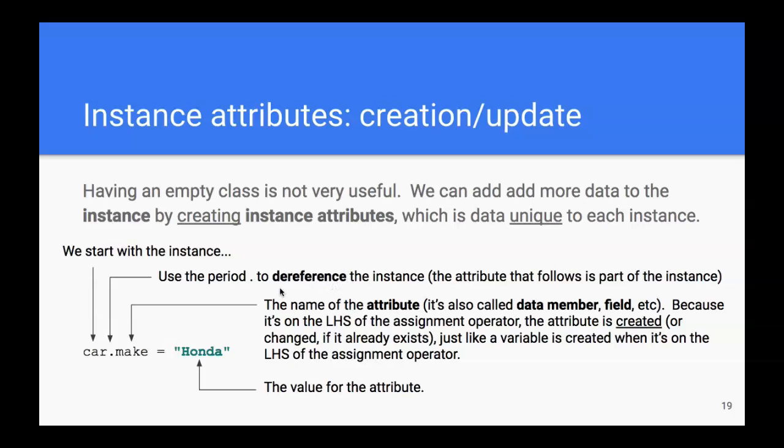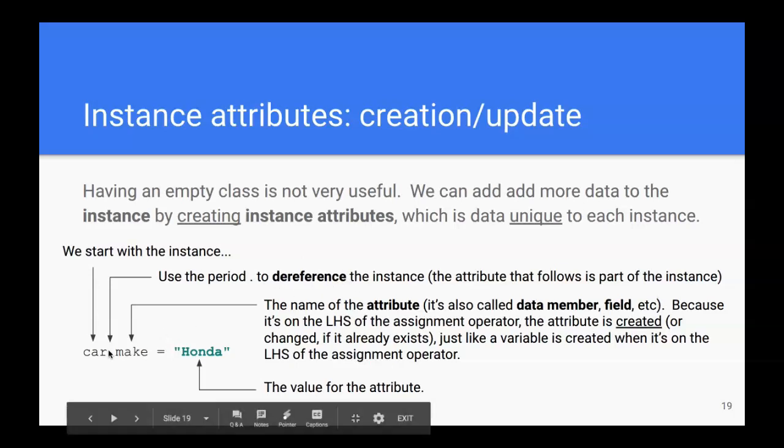That's kind of the technical term. It basically just means the dot and then whatever attribute follows the dot, this attribute is part of this instance. That's all that is.